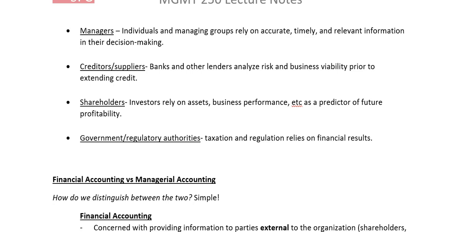So one, financial information is very important for determining the amount of tax that a company should pay. And second, regulating companies often relies on financial results. So if a company is doing something wrong, a lot of information can be gained from their finances.